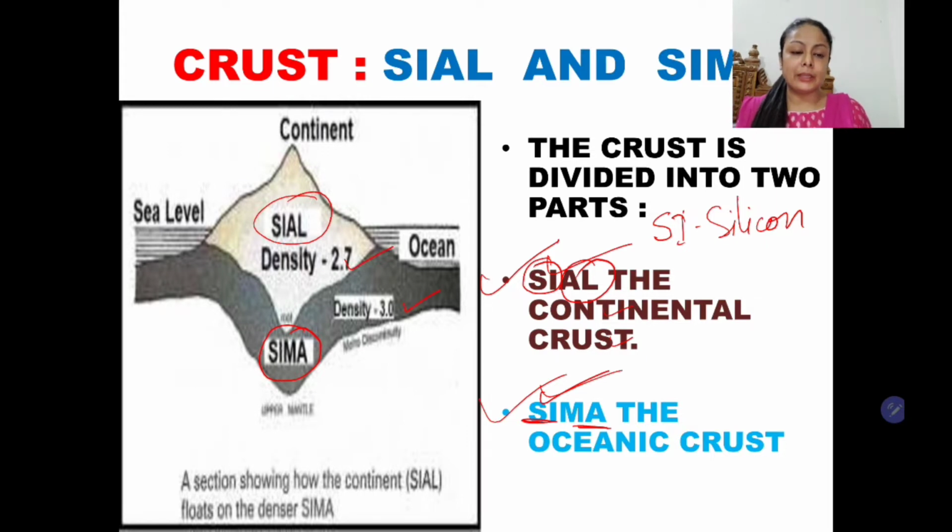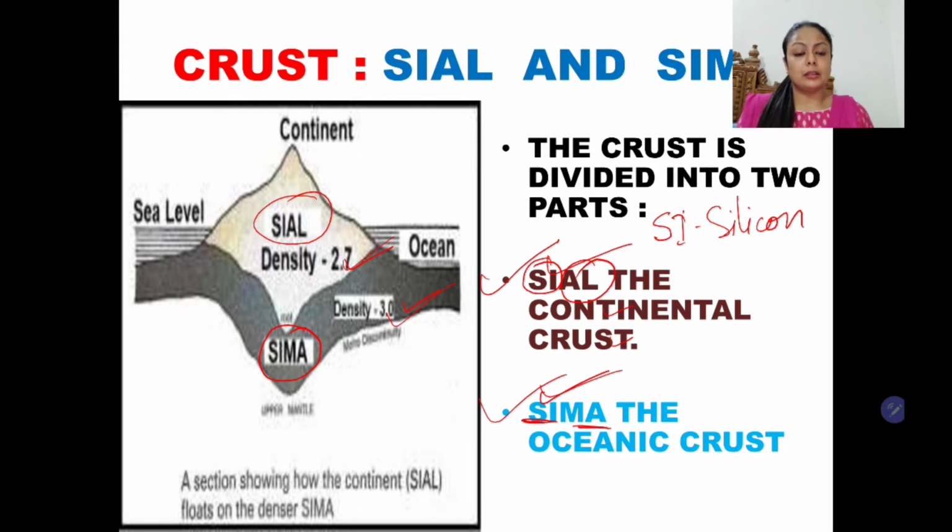So students, if a question comes to distinguish between these two, we can easily write several points. First point would be Sial is the continental crust and Sima is the oceanic crust. Sial's density you can mention, that is 2.7, and Sima it is 3. It is more dense, so Sima is below the Sial.